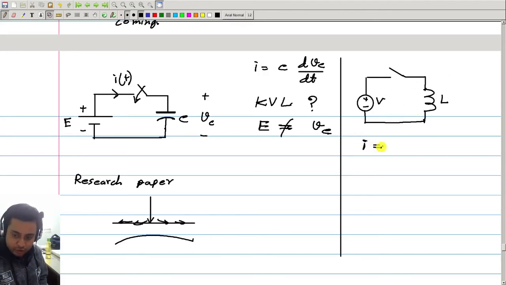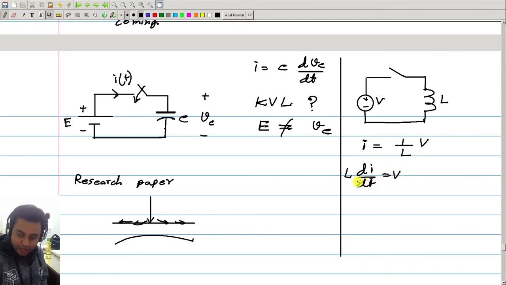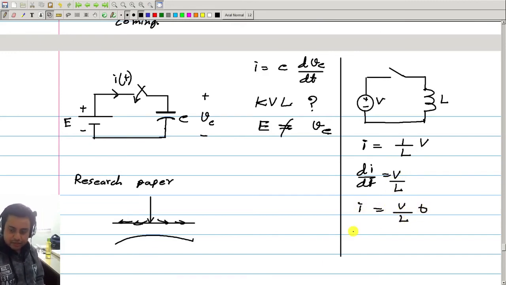I will be equal to V over L times t, because L di/dt is equal to V, and V is a constant, so I will increase linearly with t.